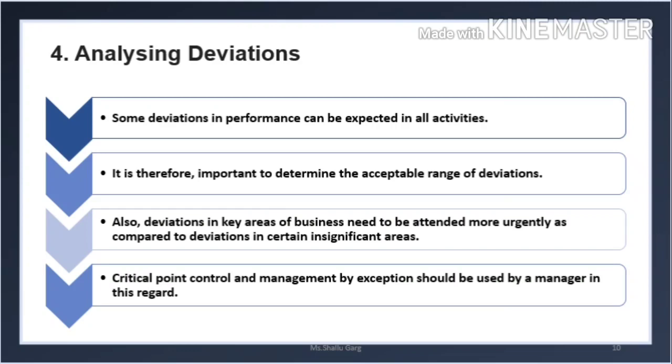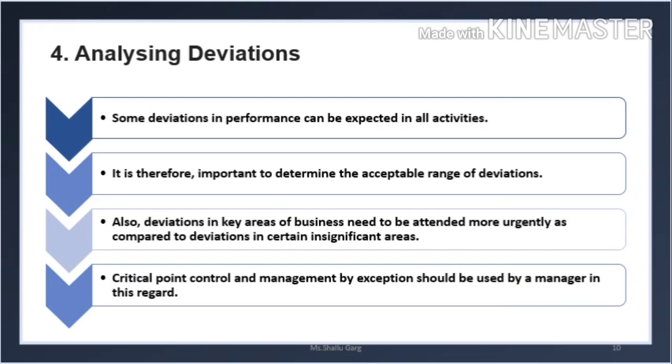Like for a manufacturing concern, which deviation is more important? Increase in labor cost or increase in postal expenses? Then obviously your answer will be labor cost, because that is a key area for a manufacturing concern.